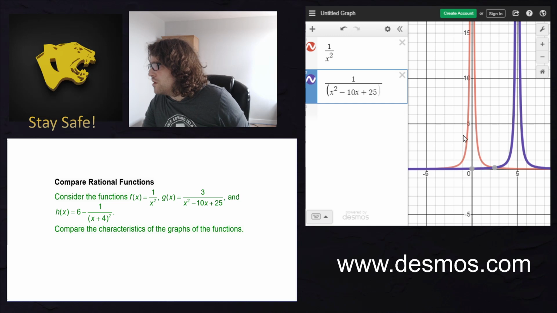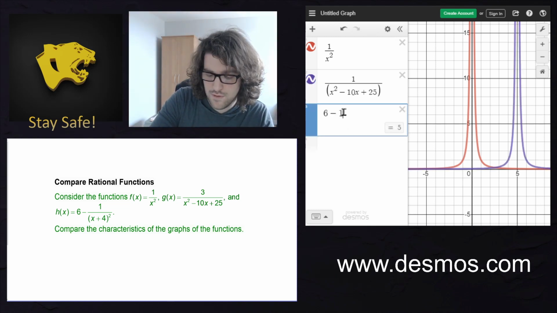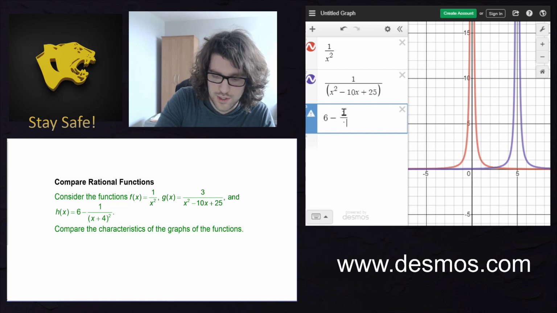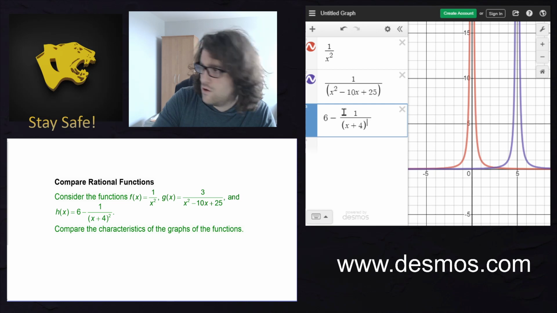That red one's our 1 over x squared. This one over here is our second one, the g of x function. And then the last one is going to be 6, and I'll write it the way it's written, even though I switched it when we did it together: x plus 4, and then all squared.